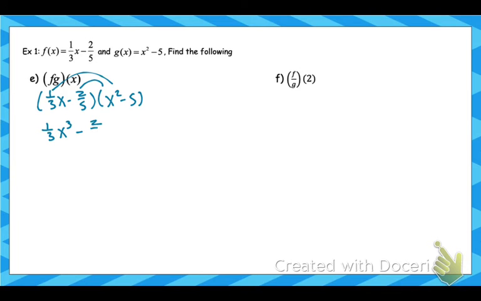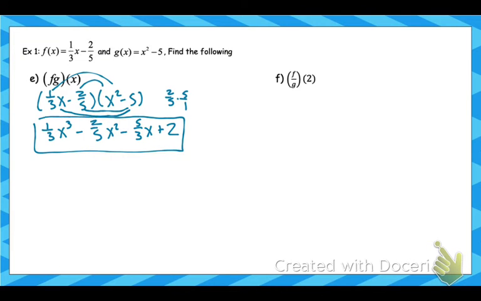Then minus 2/5 x squared. Then I've got minus 5/3 x. And then finally I've got plus 2/5 times 5. So that would be 2 over 5 times 5 over 1, which would be 10 over 5, which is just 2. At this point, at least, there's no like terms to combine.